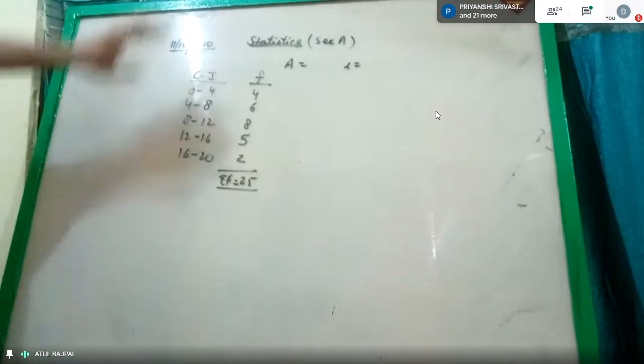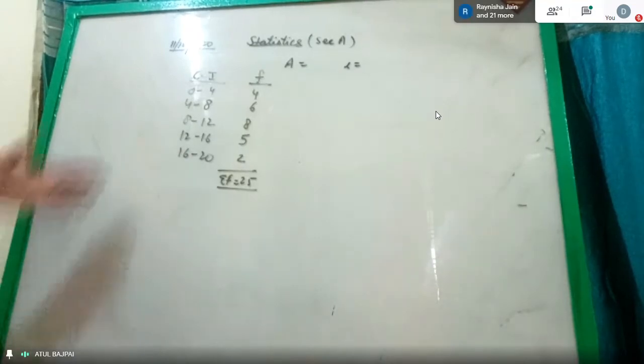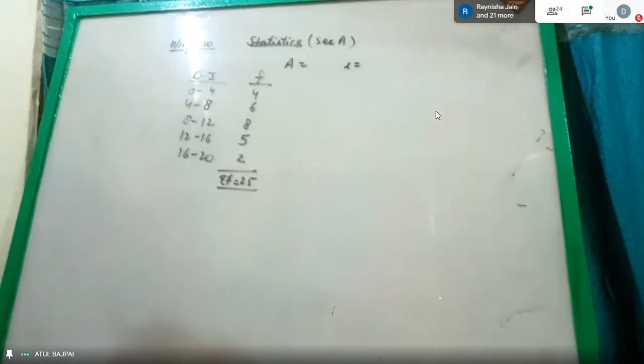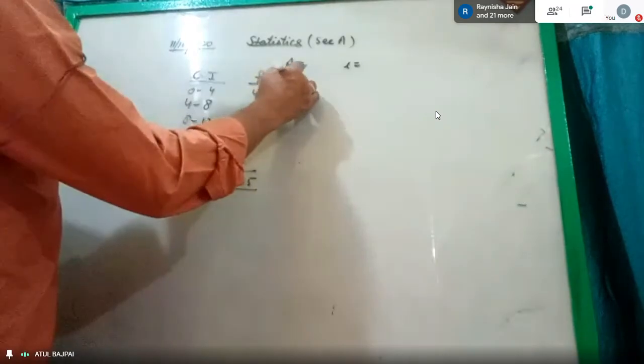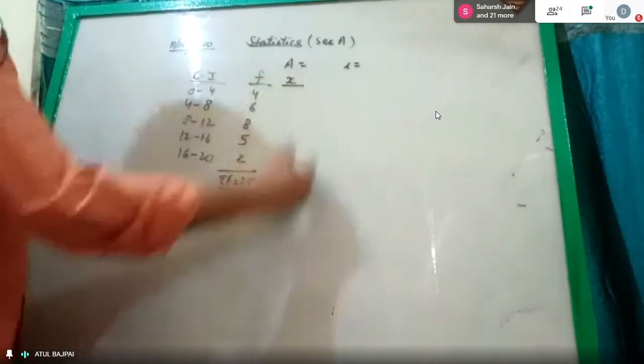What is the assumed mean over here? Anyone? 10. From where did you get 10? 8 plus 12 by 2, the class mark. That means first we have to find the class mark, and then only we can take the assumed mean.